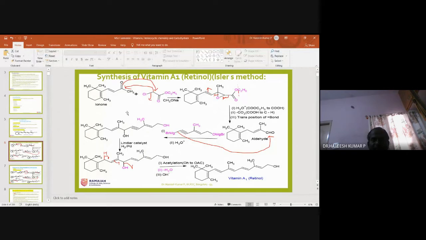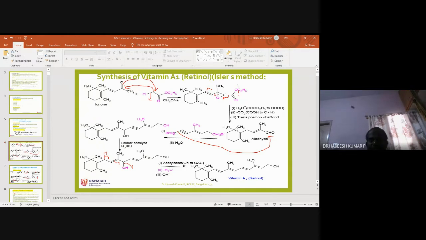If you want a detailed mechanism, look into the Darzens glycidic ester formation. So an ester is formed: this is an epoxide, and this is an ester. This method of preparation is called the Darzens glycidic ester preparation.